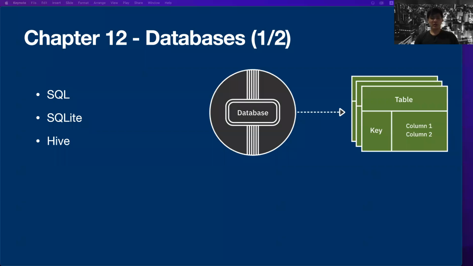So this is where we have SQL, or we pronounce this as S-Q-L, or we have SQLite, which is explained in the book itself, and also Hive, that is explained in the example, the AirPod app that we use.